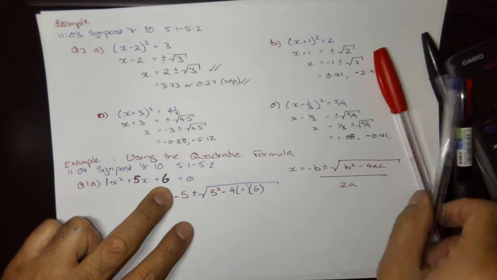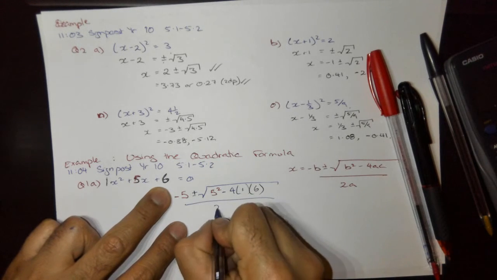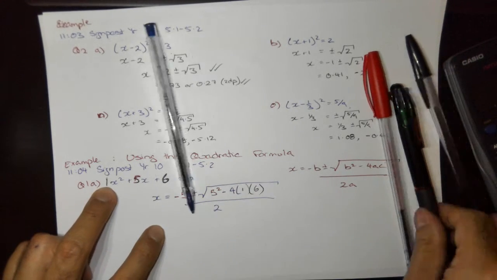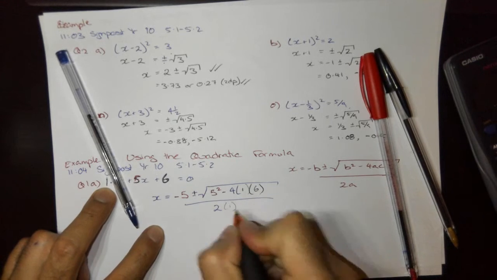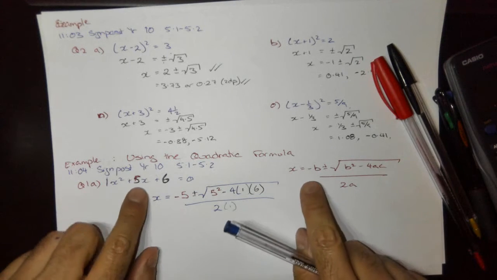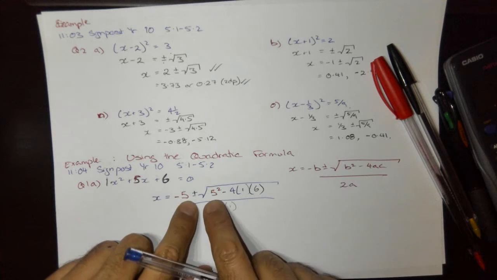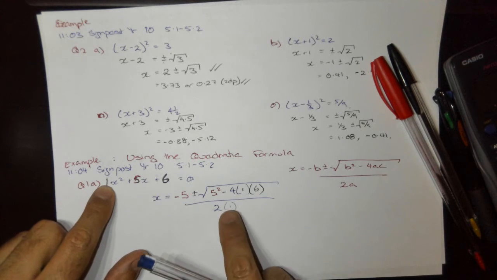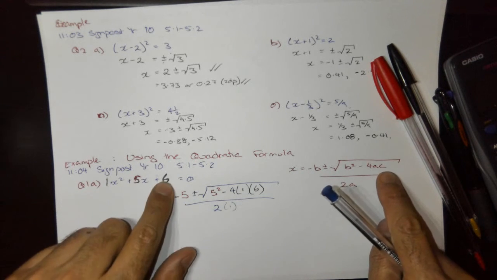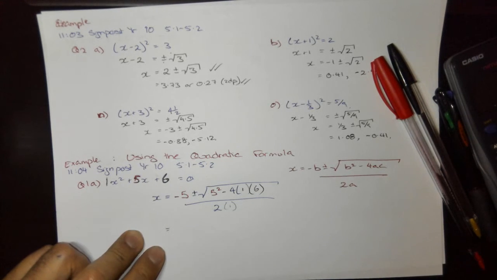Okay, and that's all over 2 lots of a, which is 1. So there's my b's, there's my a, and there's my c.